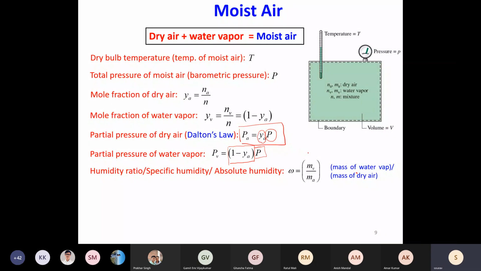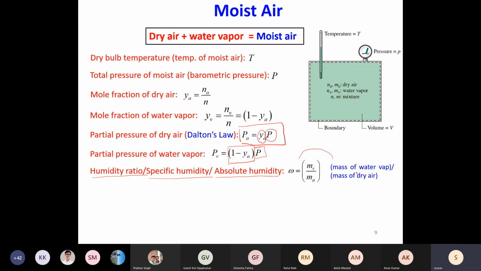So this is an important terminology which is used and required frequently in all psychrometry processes, that is absolute humidity. It is also sometimes called specific humidity or humidity ratio. They all mean the same thing. Different textbooks may have different nomenclature, but all these three terminologies mean the same thing.